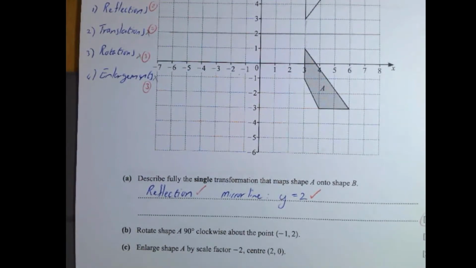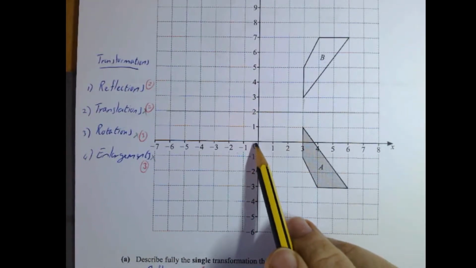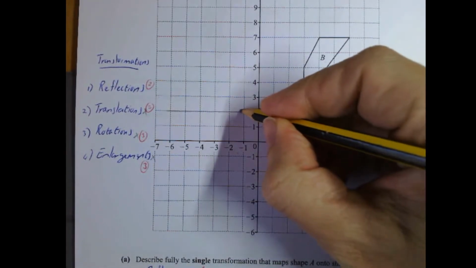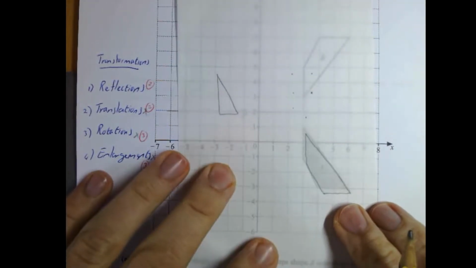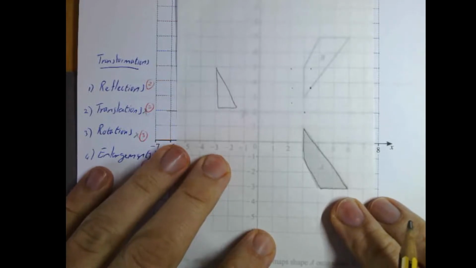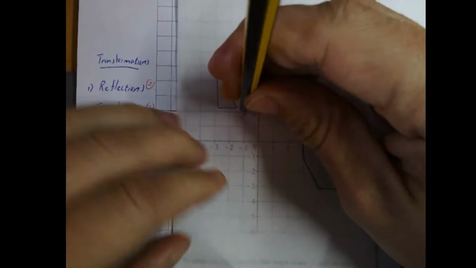Question B now tells us rotate the shape A 90 degrees clockwise about the point -2, 2. So along the corridor, up the stairs. That is the point we need to rotate it around. So let's take our shape. Put the pencil at the center.